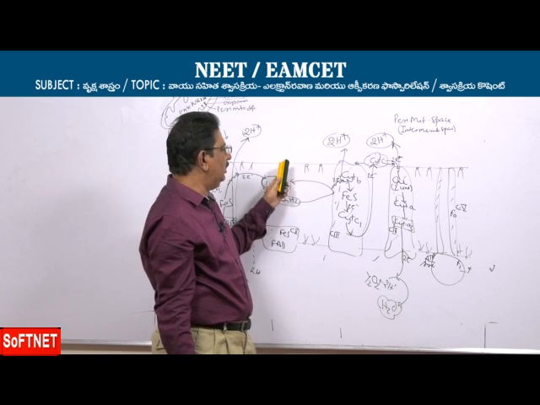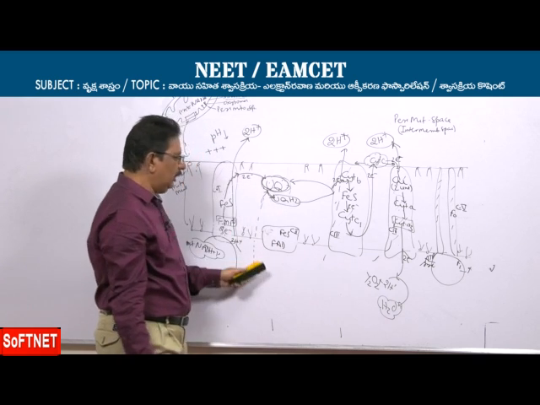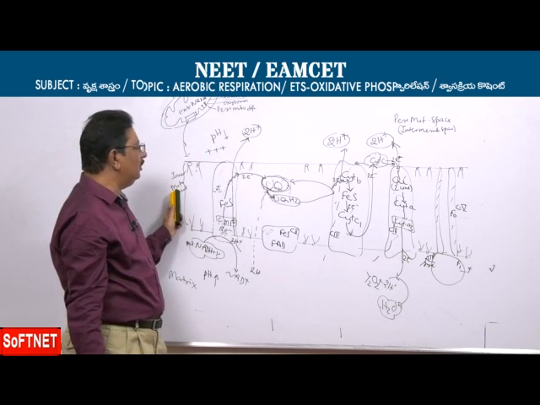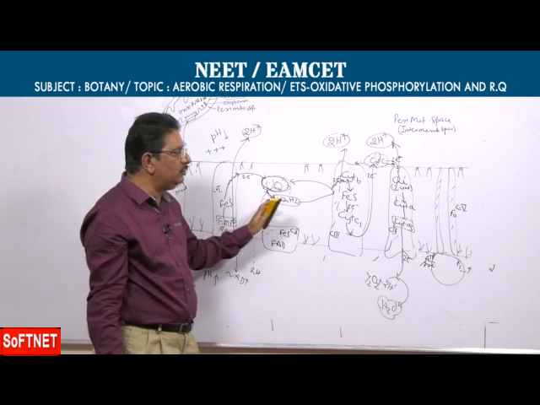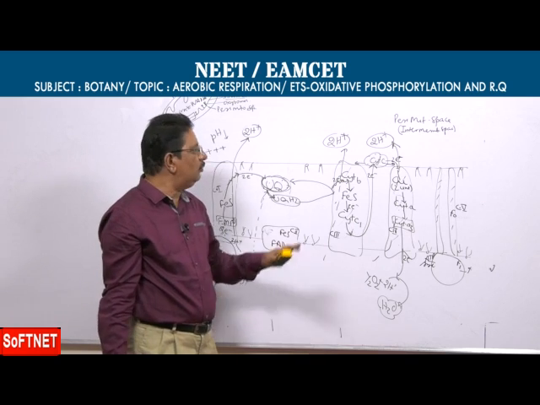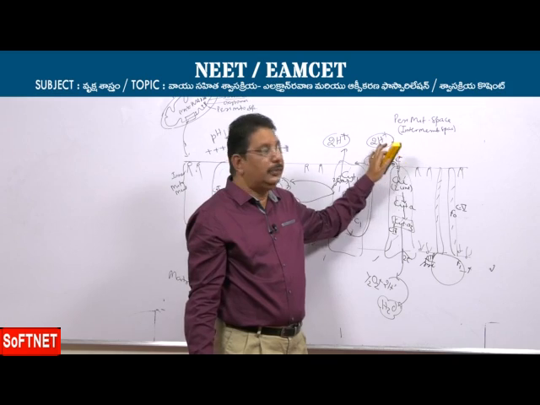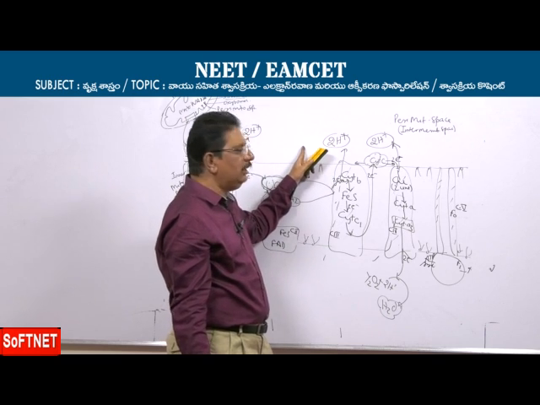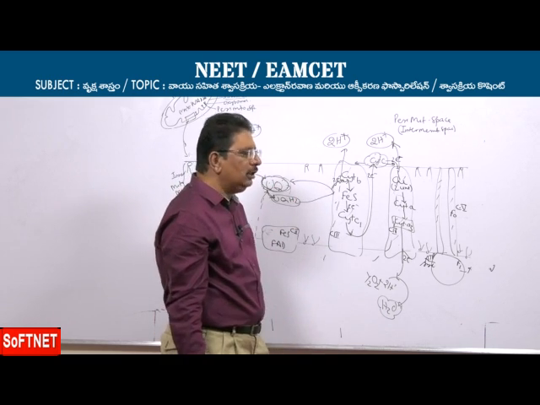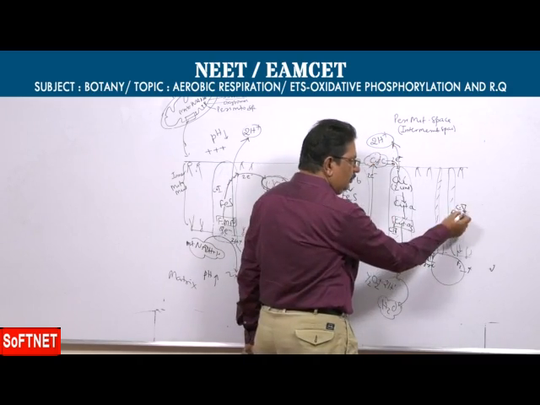So, there are more protons in the intermembrane space and relatively fewer in the mitochondrial matrix. But unfortunately, the intermembrane space and the matrix are separated by the inner mitochondrial membrane, which is selectively permeable. It never allows the free movement of protons, but it allows movement from the higher concentrated to the lower concentrated region via a complex, that is complex 5.